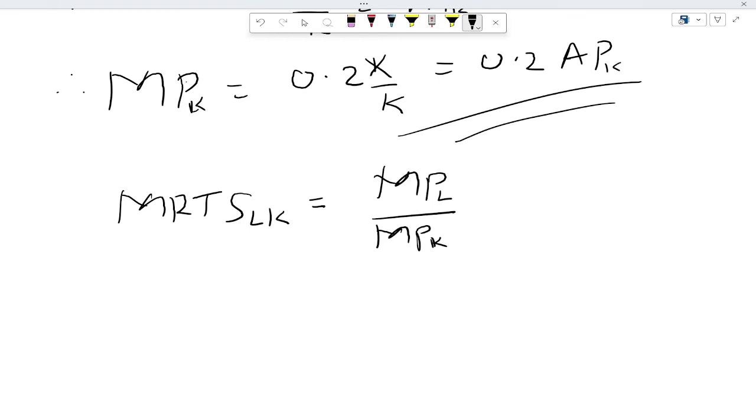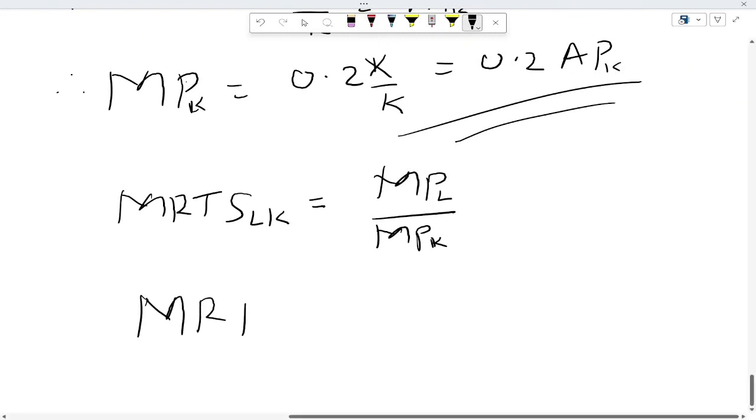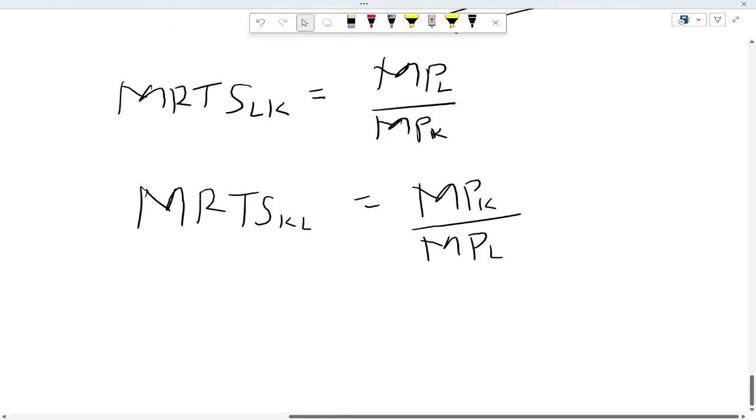So you divide the MPL by MPK. That is how you get your marginal rate of technical substitution of L for K. The marginal rate of technical substitution of K for L, which is capital for labor, is MPK divided by MPL.